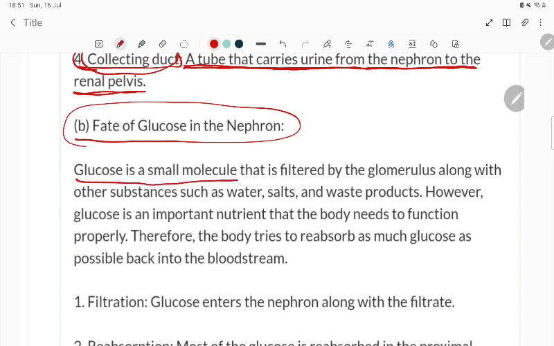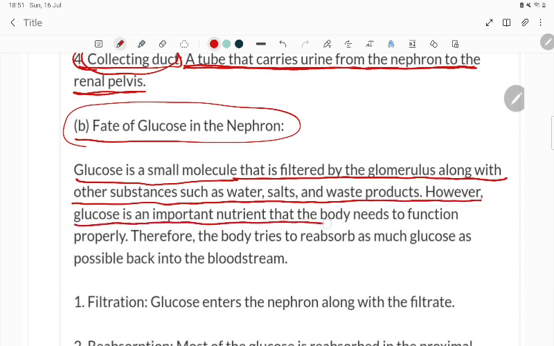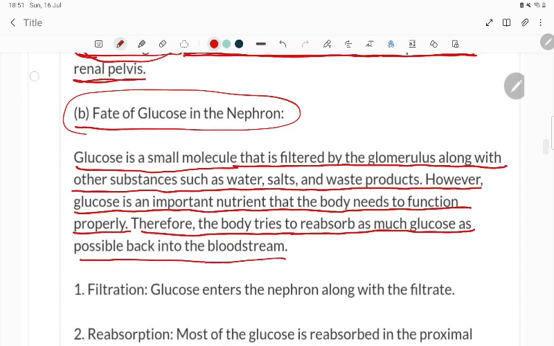Fate of glucose in the nephron. Glucose is a small molecule that is filtered by the glomerulus along with substances such as water, salt, and waste products. However, glucose is an important nutrient that the body needs to function properly. Therefore, the body tries to reabsorb as much glucose as possible back into the bloodstream.